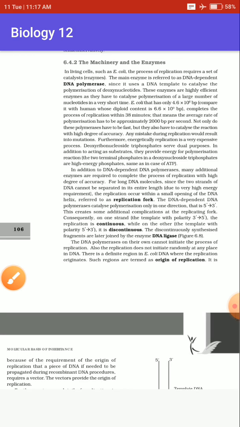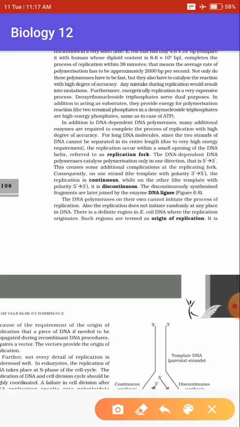So considering the fact that DNA polymerization is about accuracy, we need some more enzymes. In human beings, despite having DNA polymerase, we must also have some other enzymes.